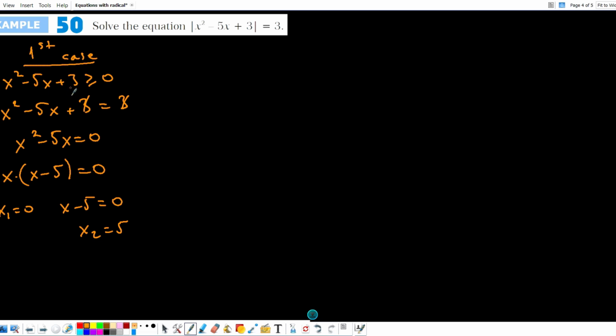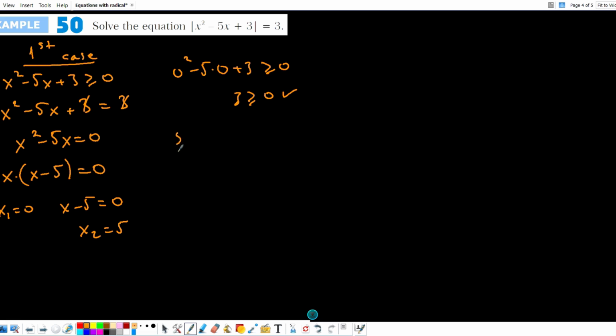Now with these values, I need to check if the first part works. If x is 0, it will be 0 squared minus 5 times 0 plus 3. 0 squared is 0, minus 5 times 0 is 0, so I have only 3 left. So 3 is greater than or equal to 0. 3 is a positive number, so this one is correct.